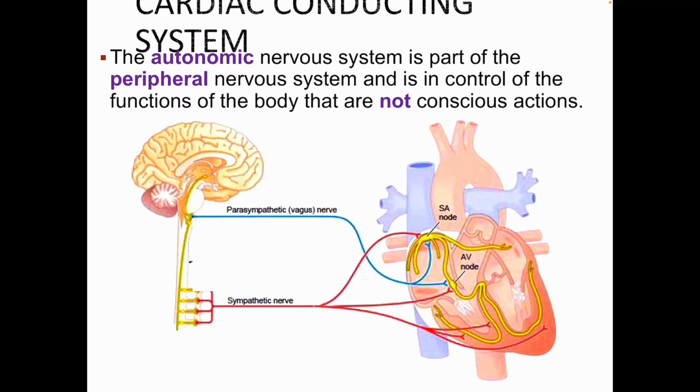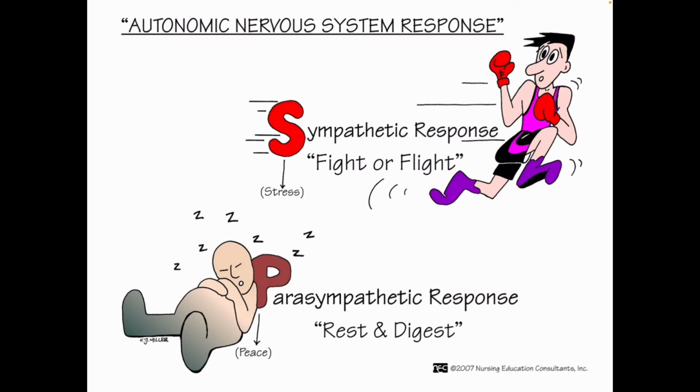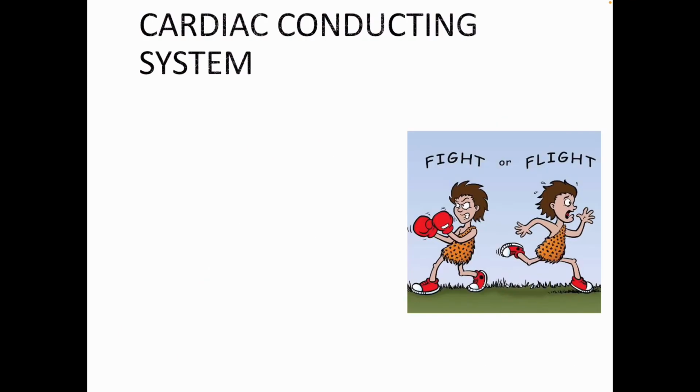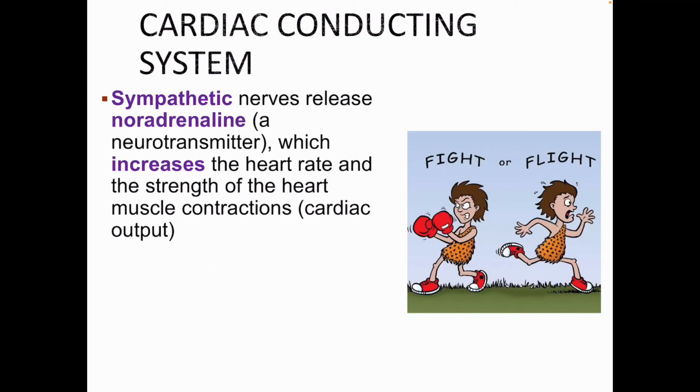So the autonomic nervous system is part of the peripheral nervous system, and it controls your unconscious actions. Sympathetic is responsible for your fight and flight responses that happen during exercise or stress, and parasympathetic responses are your rest and digest that happen when your body is at peace. Your sympathetic nerves release noradrenaline, which increases the heart rate and also increases the strength of the contraction of the cardiac muscle, which means that cardiac output will increase during exercise.